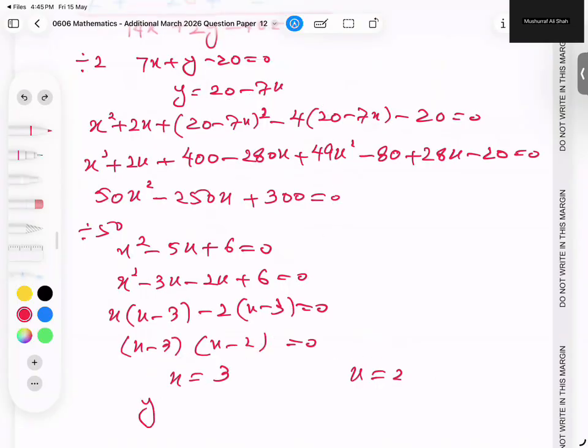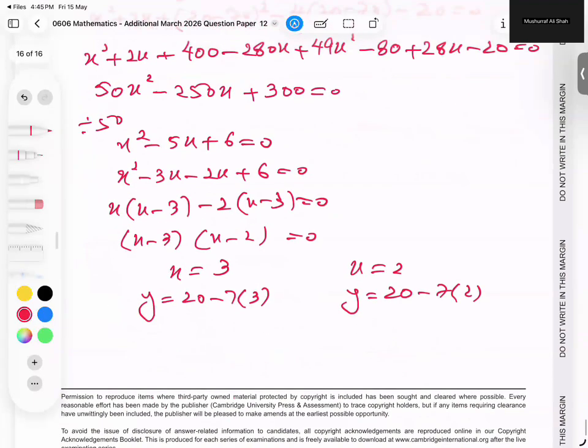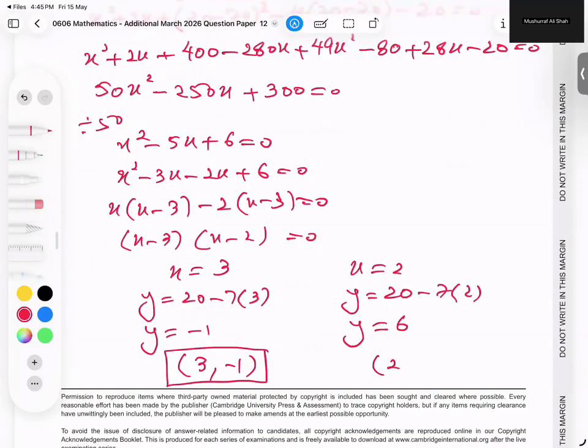So y is equal to 20 minus 7 times 3. Y is equal to 20 minus 7 times 2. Now, this is how it becomes: 21, I got negative 1. So x is 3 and y is negative 1. And 14, I got 6. So 2 and 6. I hope the point is very clear.